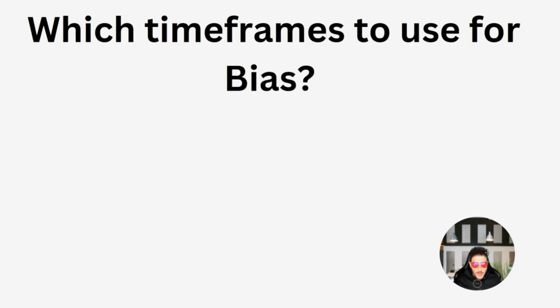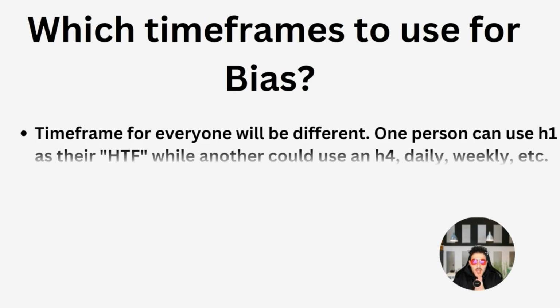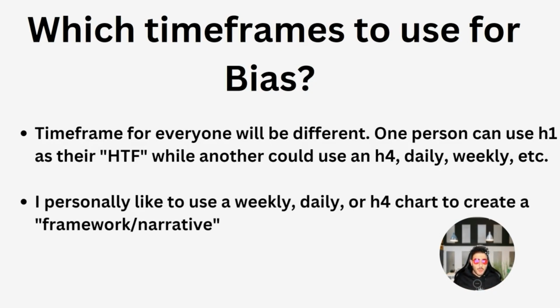Now, let's talk about what time frames to use for bias. I think it's very important to talk about this because not everyone's going to be the same. Someone's higher time frame could be an H1 as their quote unquote narrative time frame, while another could use an H4, daily, weekly, etc. Personally, I like to use the weekly, the daily, or the 4 hour to create a framework slash narrative.